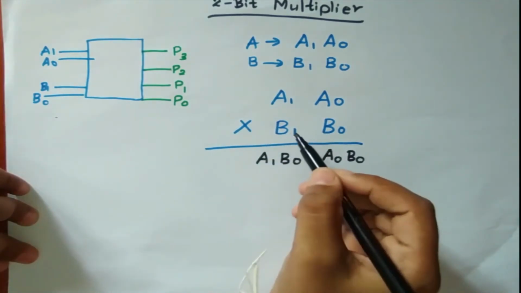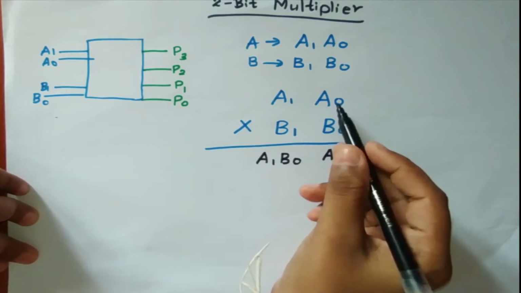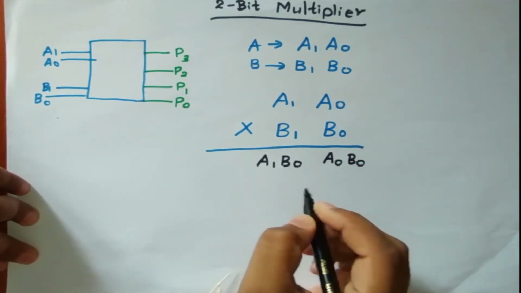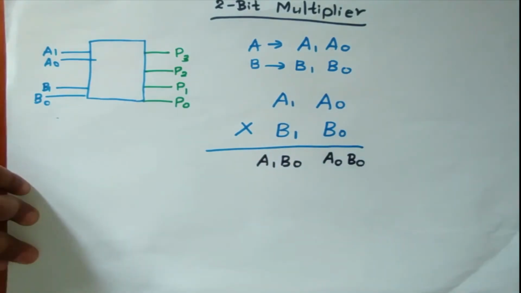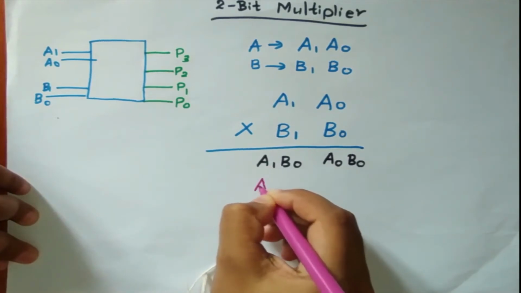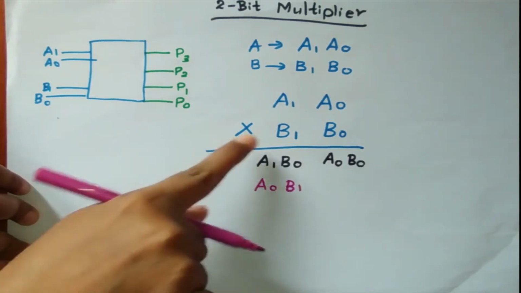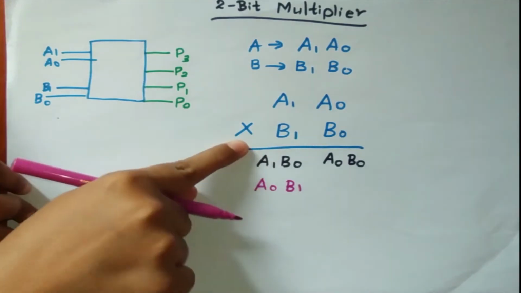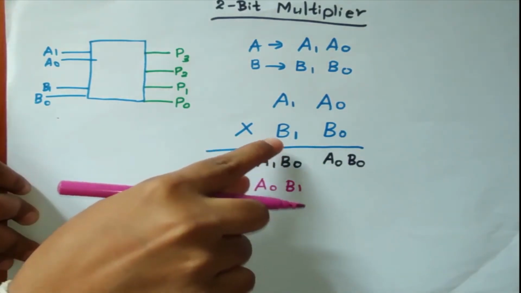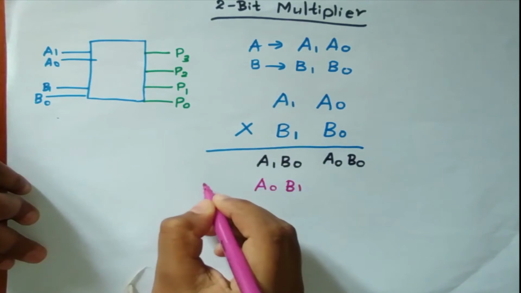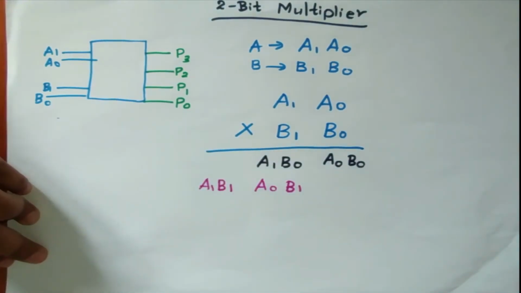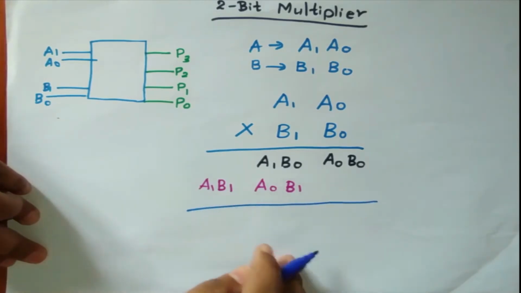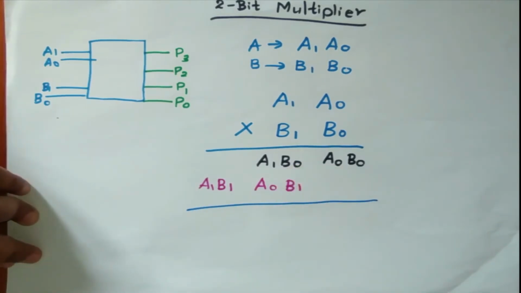So let's move to the other bit. We multiply B1 by A0. So in here we write that multiplication. Let's do it in another color. It is A0 B1, and we multiply B1 by A1. A1 B1. So now we have to get the summation of these 2 lines.